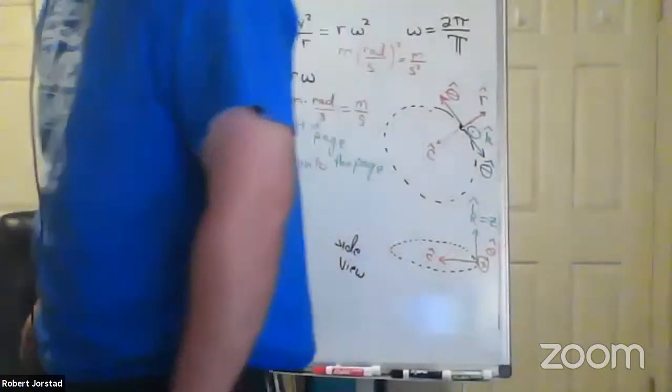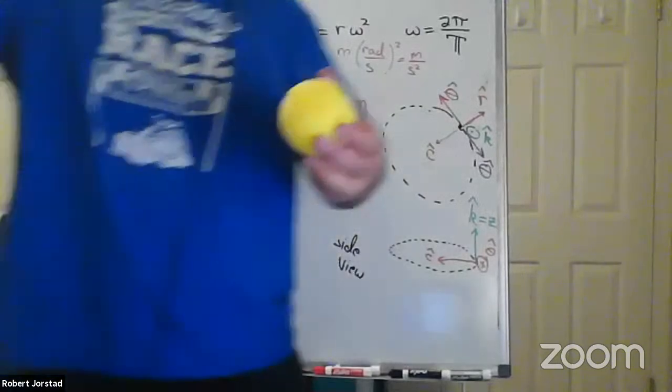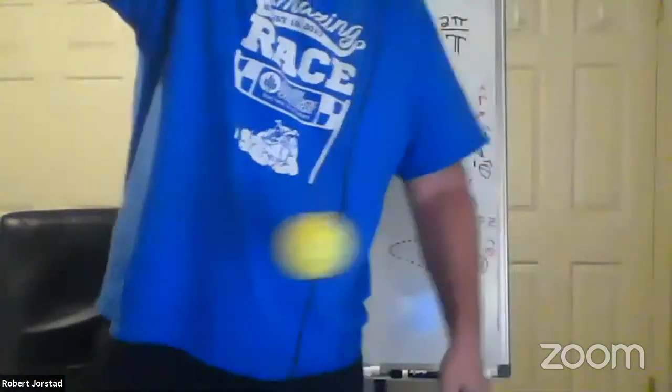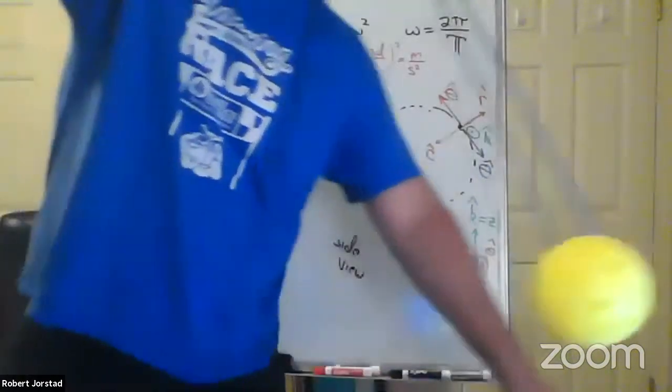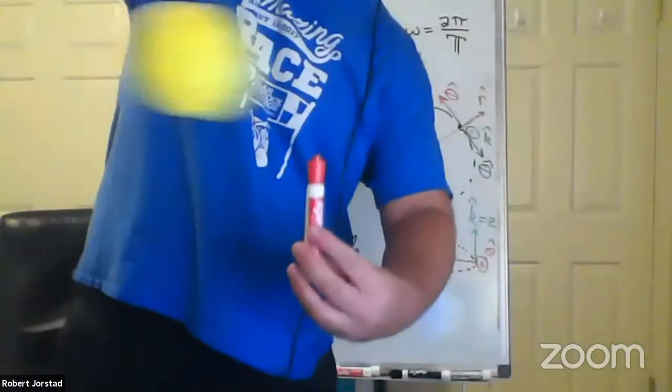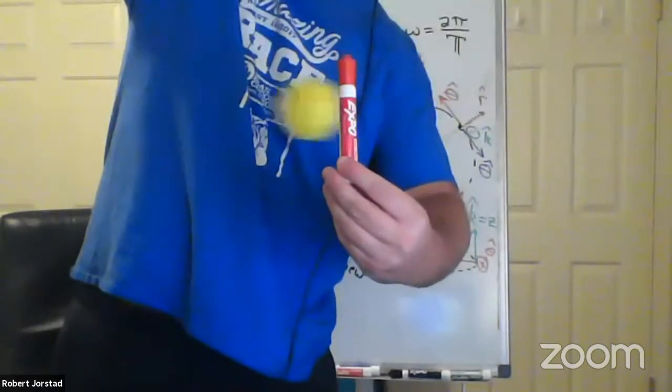All right. And so just as an example of that, imagine we have this ball here. It's swinging around in a circle. I don't know if you could tell that. Let's try and make it go around this. There you go.